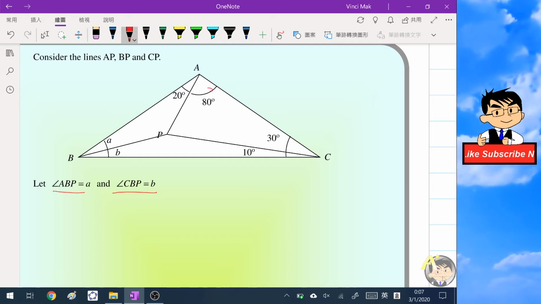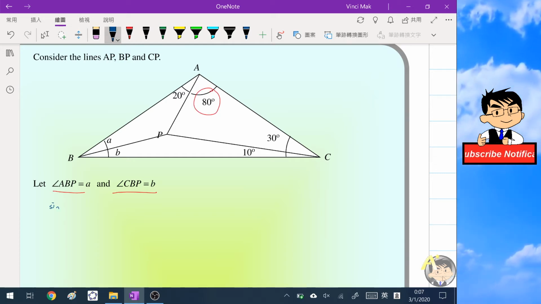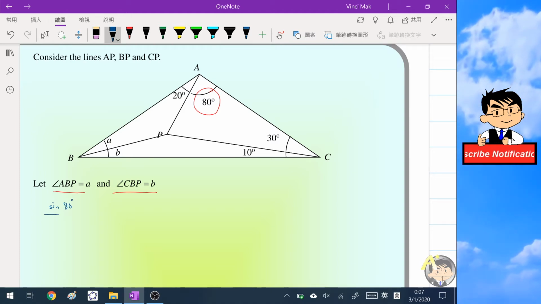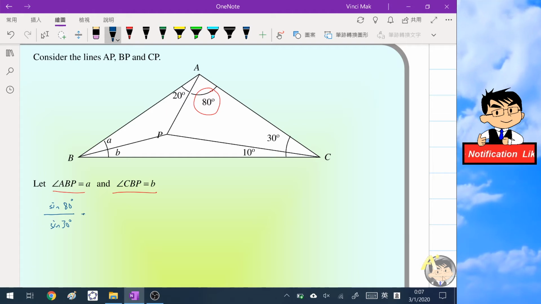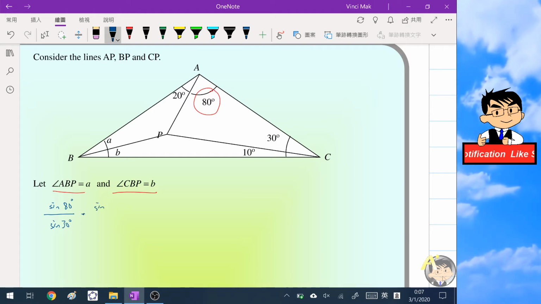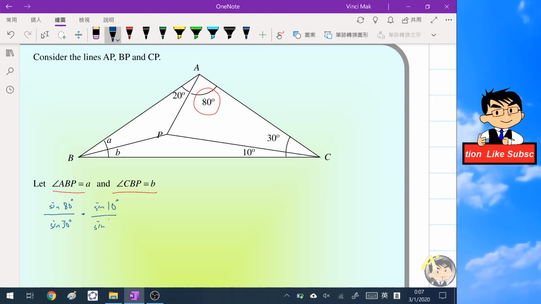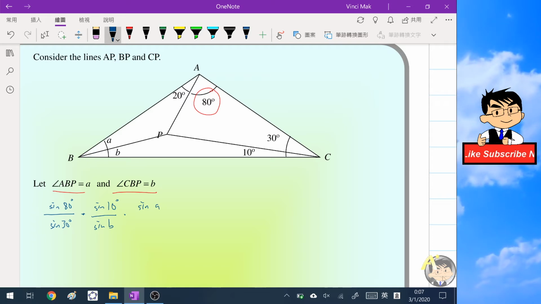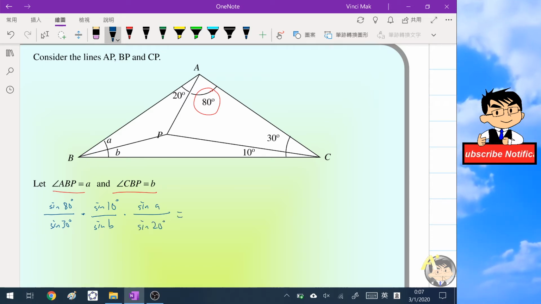So we start from 80 degrees: sine 80 degrees over sine 30 degrees, multiplied by sine 10 degrees over sine B, multiplied by sine A over sine 20 degrees.